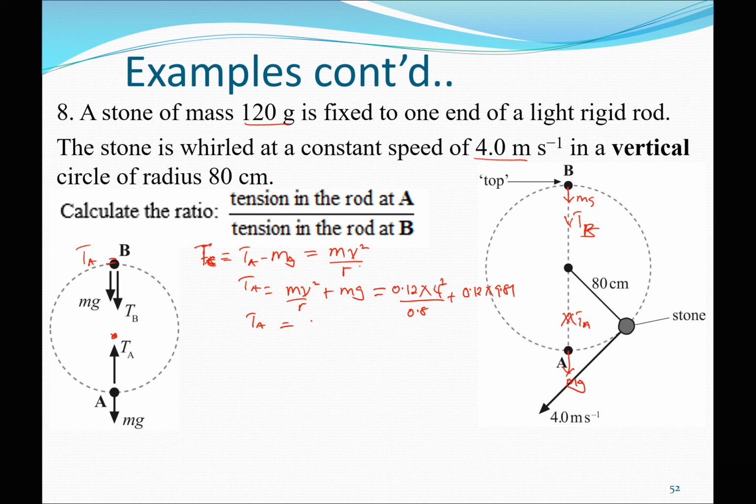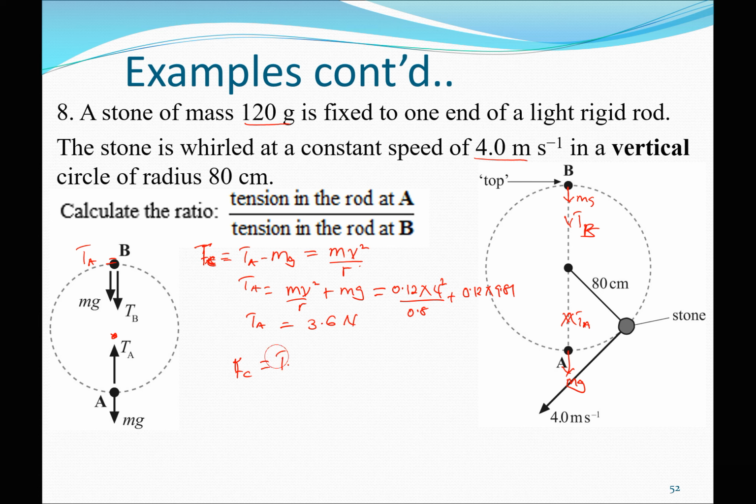TA is 0.12 times 4 squared divided by 0.8 plus 0.12 times 9.81. So this is giving me 3.6 newtons.